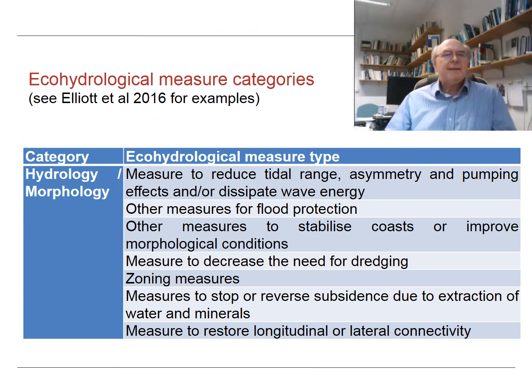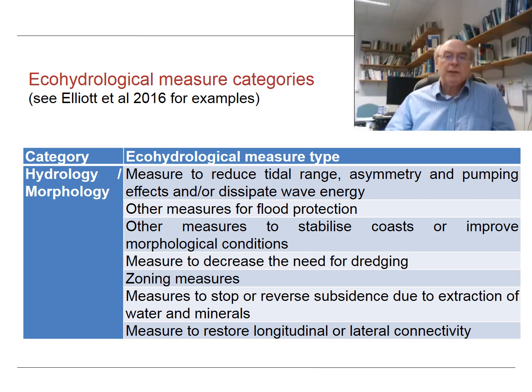So then we need a set of measures in order to get that ecology functioning the way it should be. Now, we use the term measures because this has been put into various parts of governance, of legislation. In Europe, we talk about measures to try and improve the seas or measures to improve estuaries. So this shows the types of ecological or eco-hydrological measures that we can have.